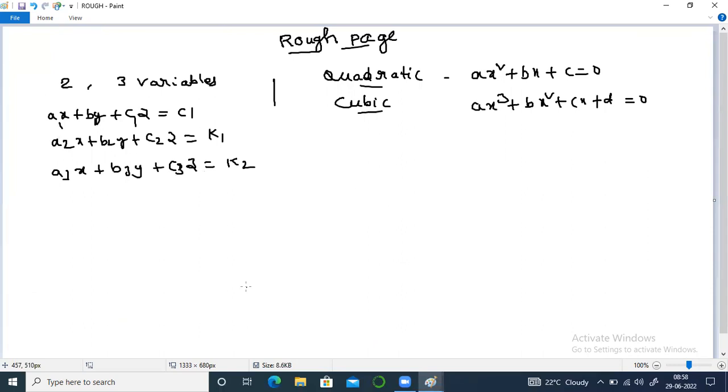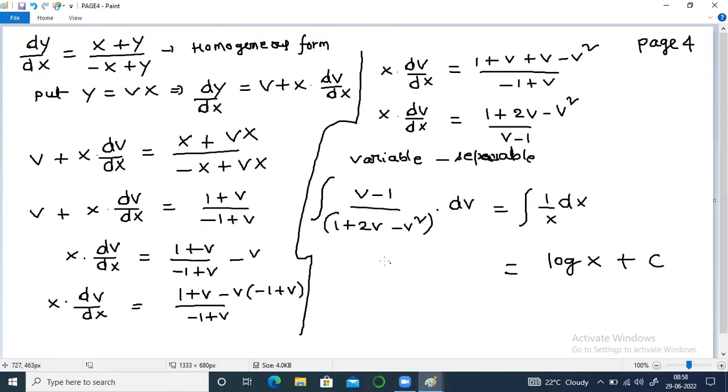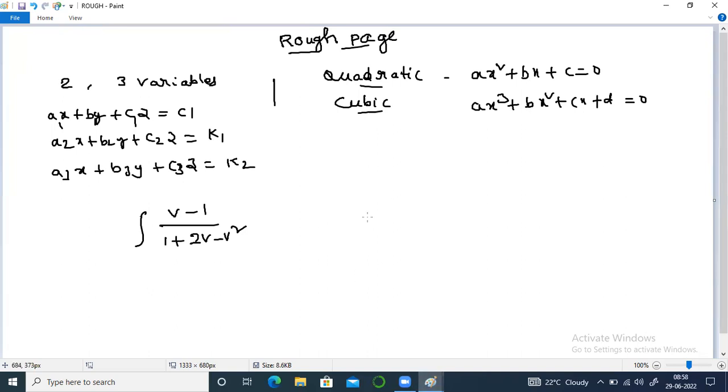What is the term here? Integration of v minus 1 divided by 1 plus 2v minus v square, dv. Is it right? That is what I want to solve.